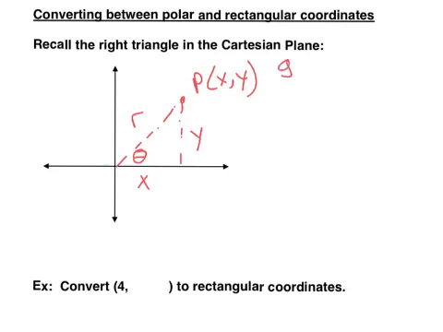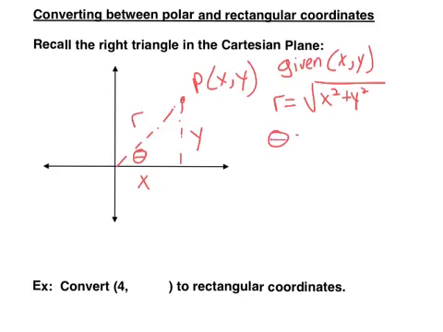x and y. If we're given the rectangular coordinates x and y, the radius can be found using the Pythagorean theorem, and when you get done, it's the square root of x squared plus y squared. And the angle can be found using the inverse tangent of y over x. We've talked about that before.